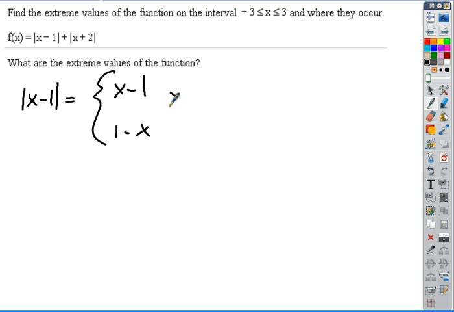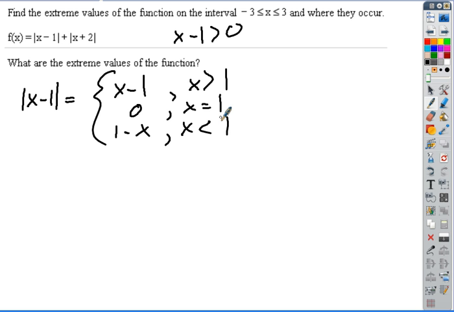So when x minus 1 is greater than 0 is when that's going to happen, but we want to solve that for x. So x minus 1 is greater than 0 when x is greater than 1. And then, of course, this is just going to be less than 1. And then in between, when x is 1, it equals 0. Right? So we got that.